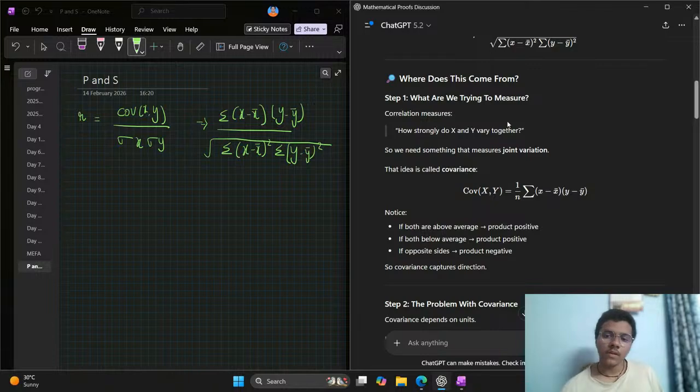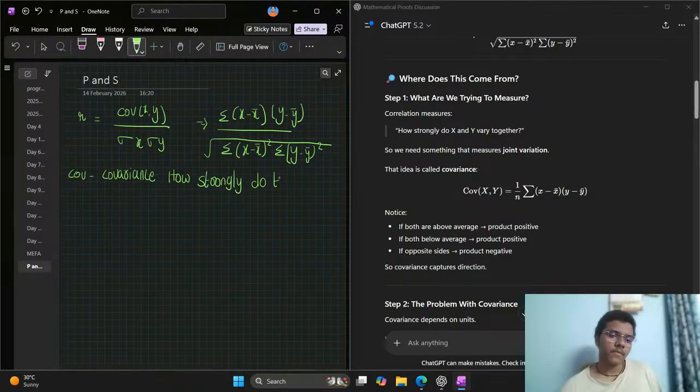How strongly do they vary together? Together is a term that cannot be omitted.